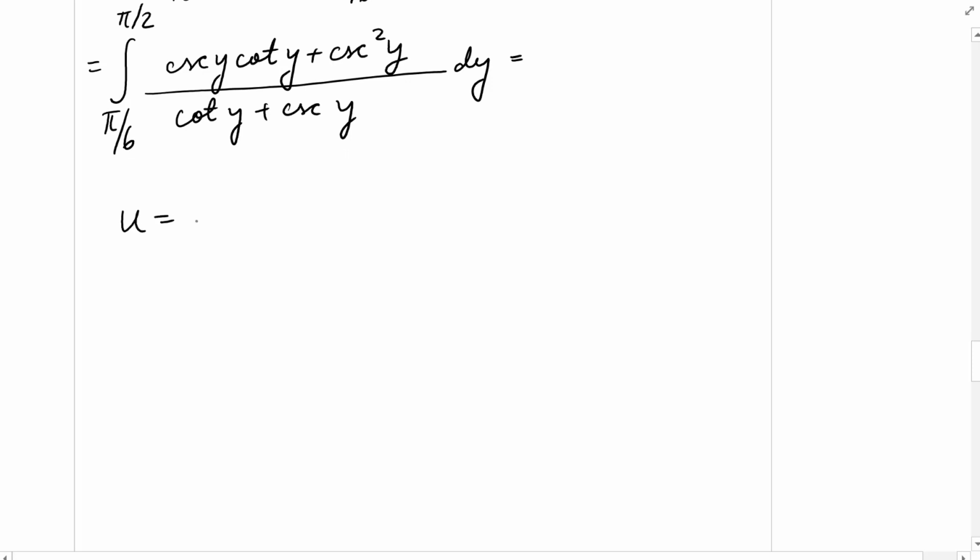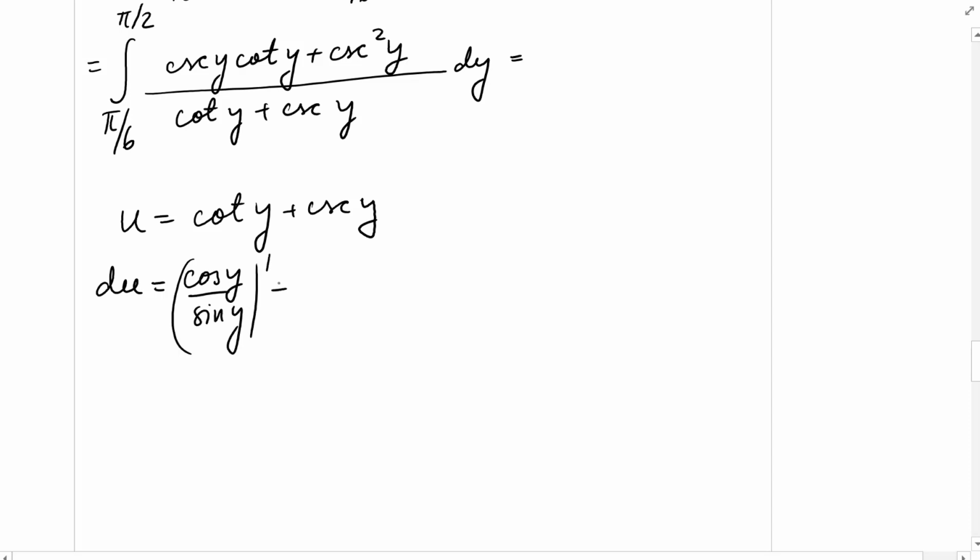Because if we set u equals cotangent y plus cosecant y, du is given by, well, cotangent of y prime is, what would that be? Well, cosine y over sine y prime plus cosecant y over sine y prime dy.